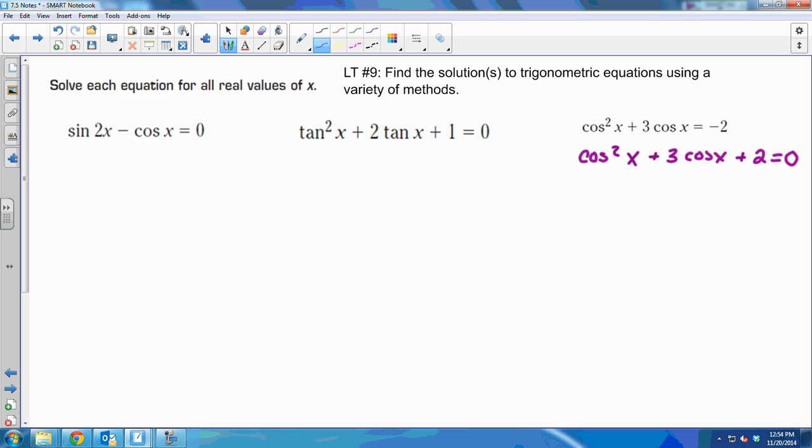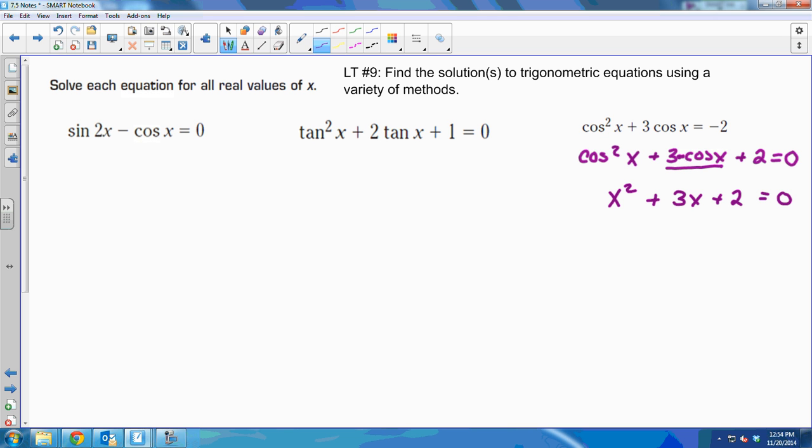No, this is 3 cosine x's. It's like having 3x. If this wasn't being multiplied, there would be a plus sign in between or a minus sign. But it's being multiplied. So again, if you think about this without the cosines, you have x squared plus 3x plus 2 equals 0.